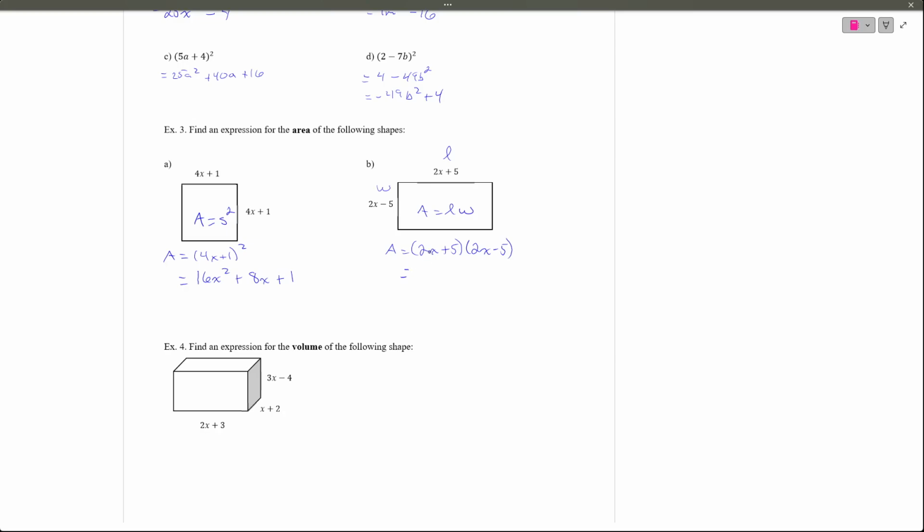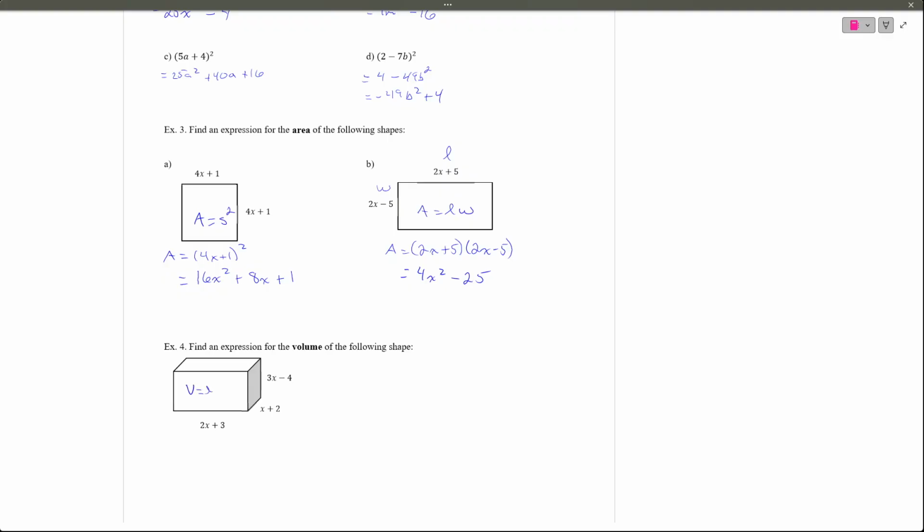So a squared, that's 2x squared, so that's 4x squared. And then minus b squared. So minus 5 squared is minus 25. And there's our equation for the area of this rectangle specifically. Find the volume expression. Well, what is the volume of a rectangular prism?